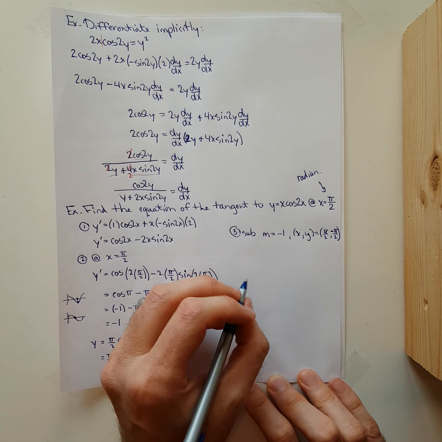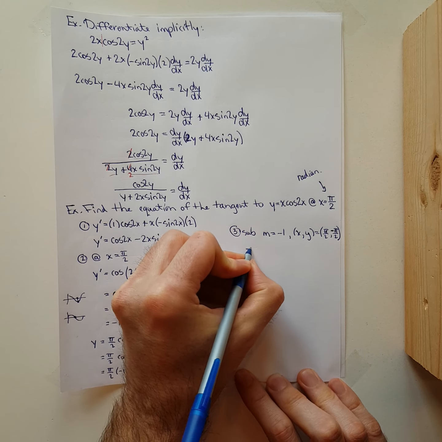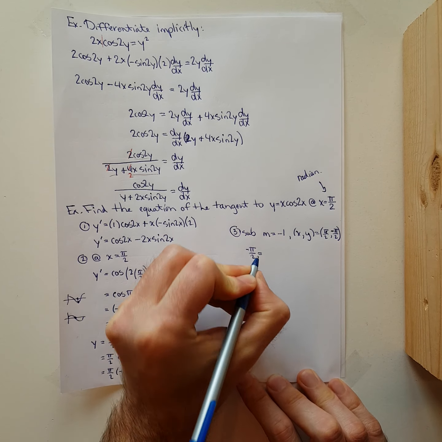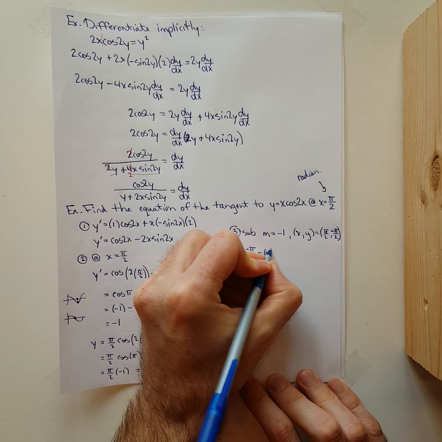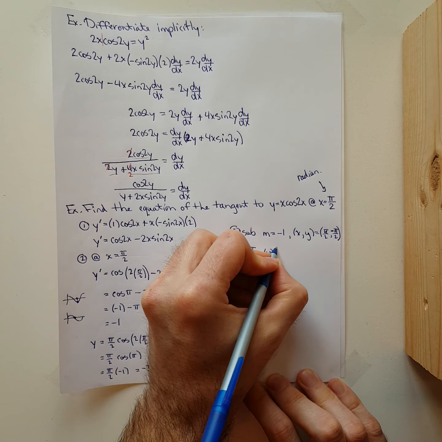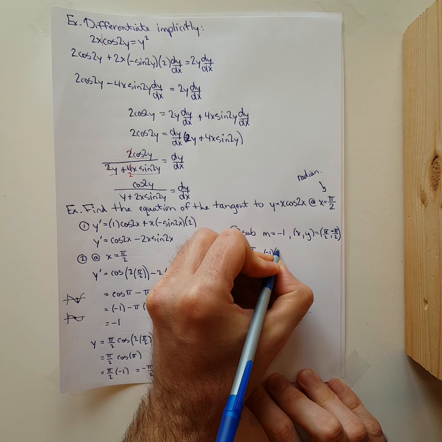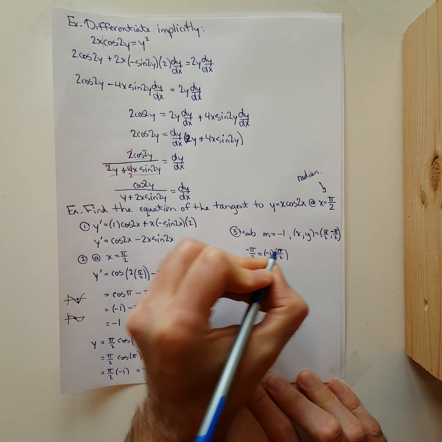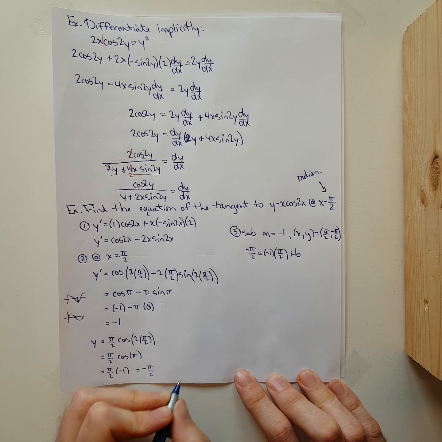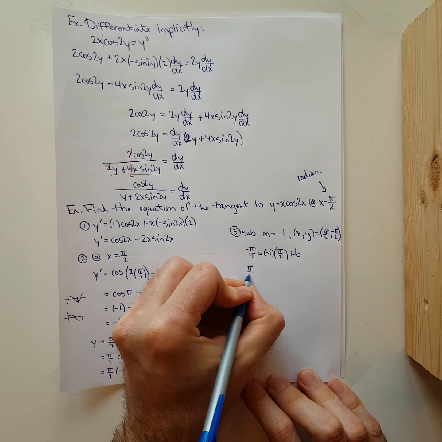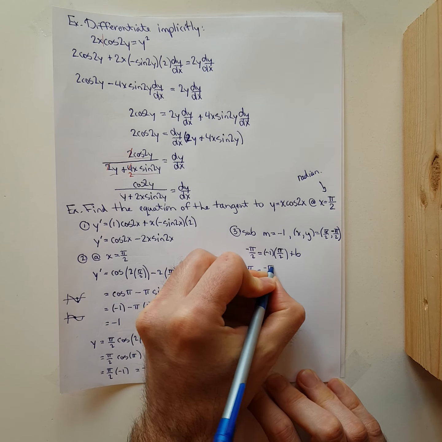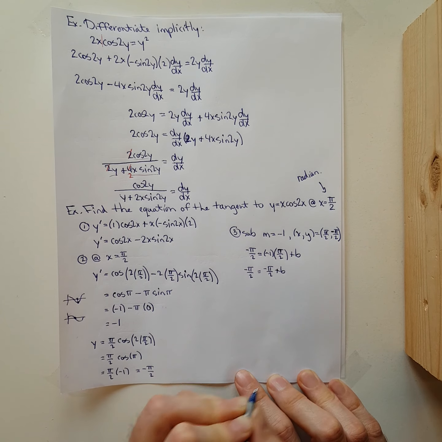If we sub that into y equals mx plus b, we have our y value, -pi over 2 equals m, -1 times x, which is pi over 2, plus b means -pi over 2 equals -pi over 2 plus b.